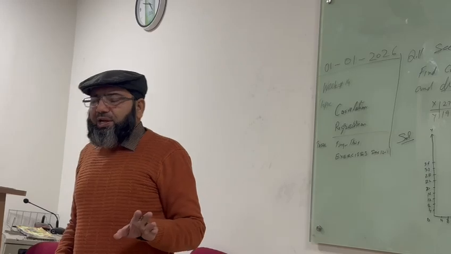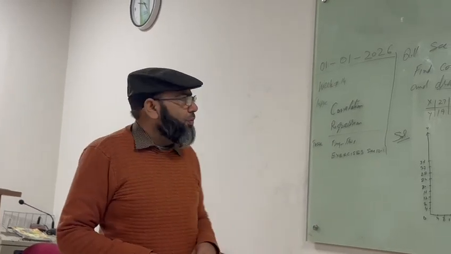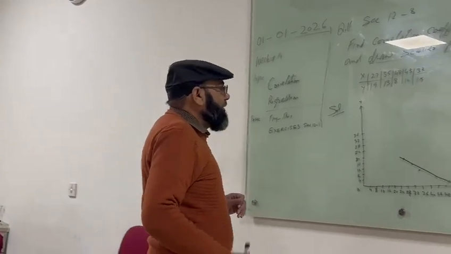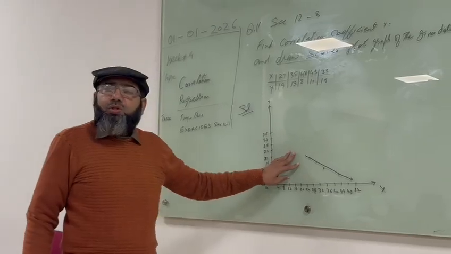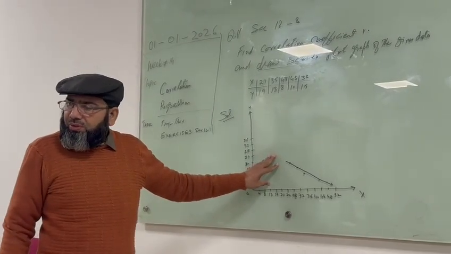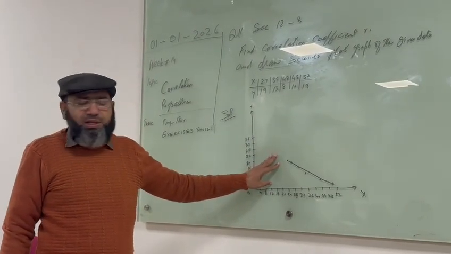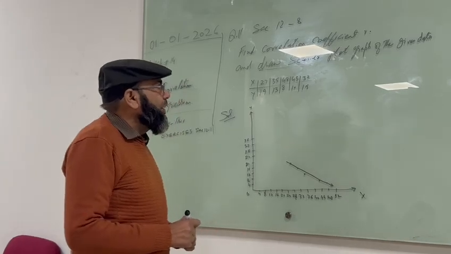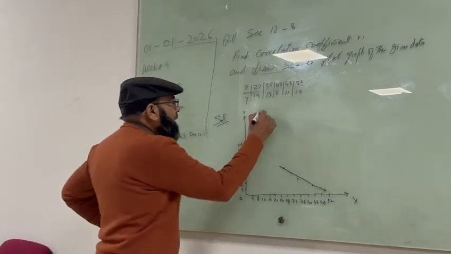Let's discuss and calculate the value of the correlation coefficient. It shows how close it is to 100% or thereabouts. So what is the formula of correlation? This is the scatter plot.